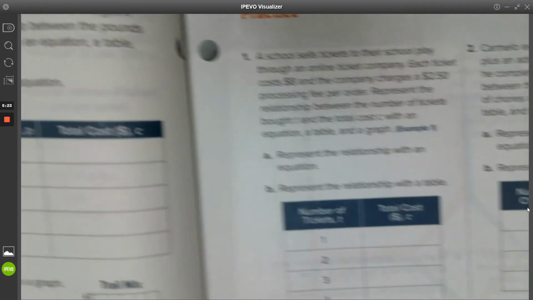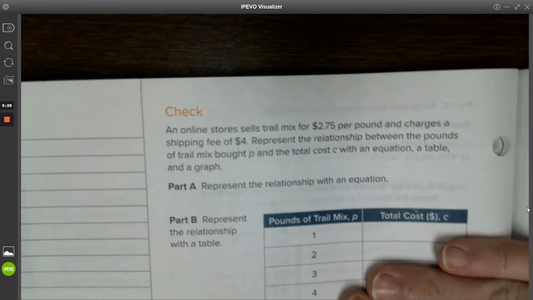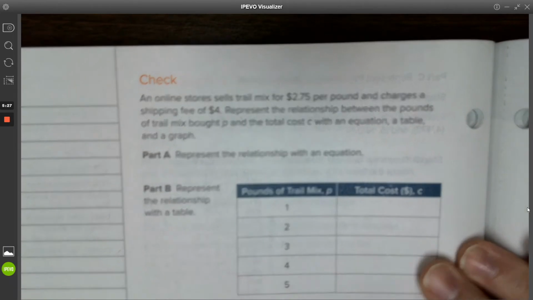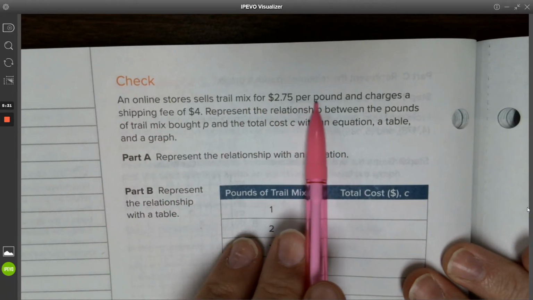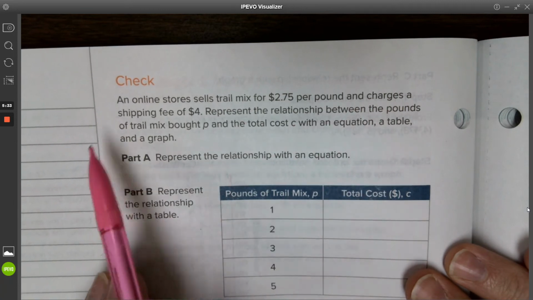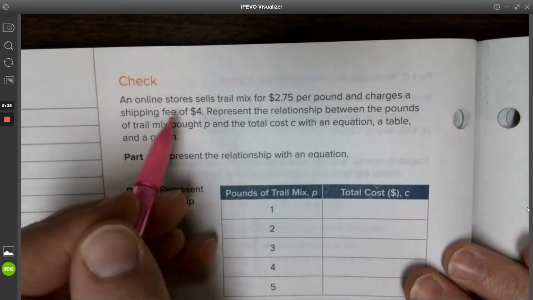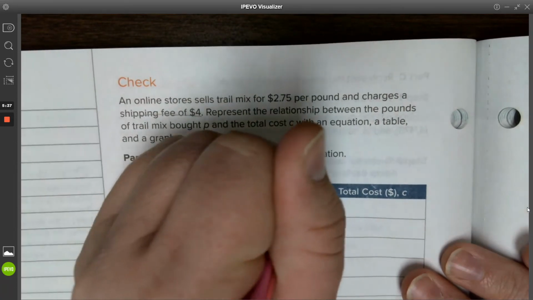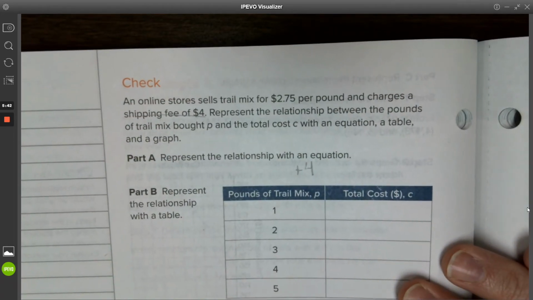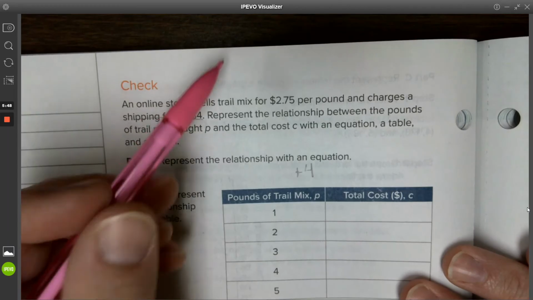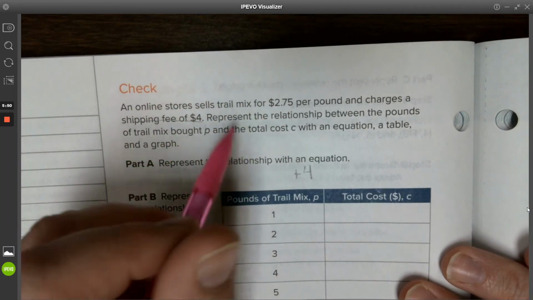Now, let's take a look at our check here. So we're going to do the same kind of thing. It says an online store sells trail mix for $2.75 per pound and charges a shipping fee of $4. So whatever we're going to do, we're going to add that $4 on because we need to then figure out what it would be with the shipping included. $2.75 per pound.